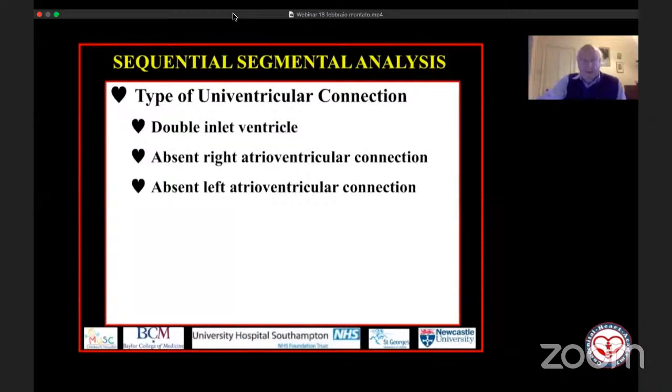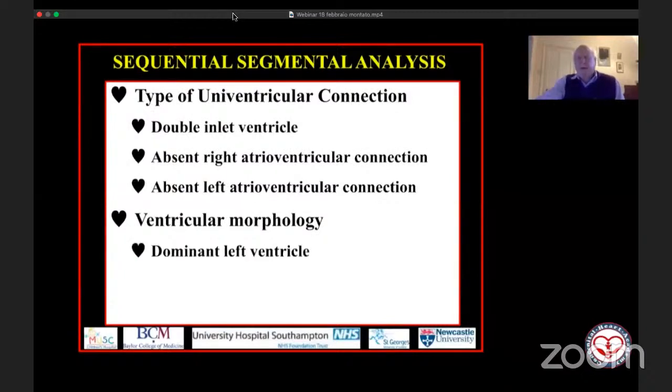In the setting of the univentricular atrioventricular connection, however, we always need to take account also of ventricular morphology, because in each of these settings, the ventricular morphology can vary, although we're going to concentrate on double inlet ventricle.